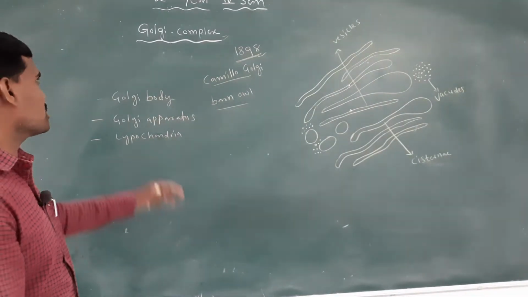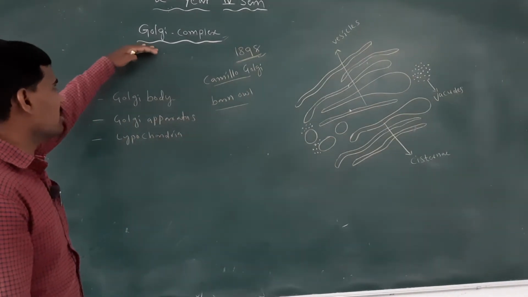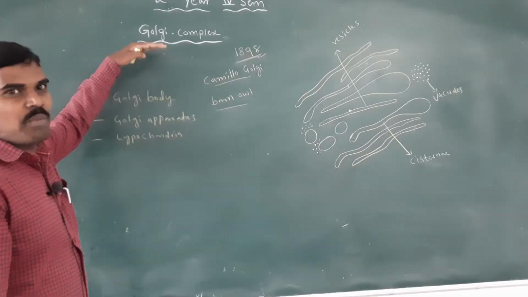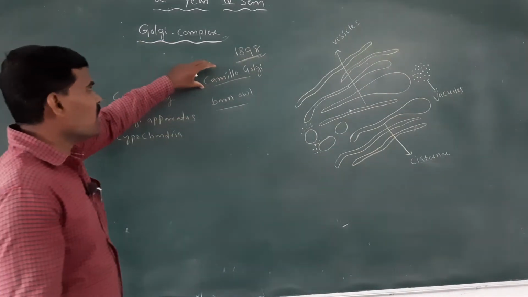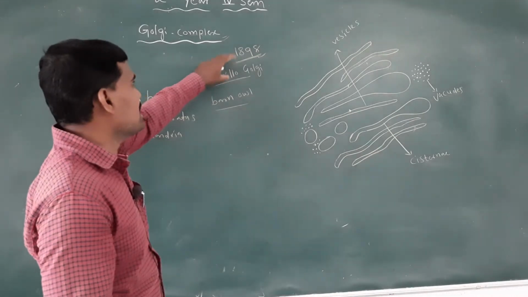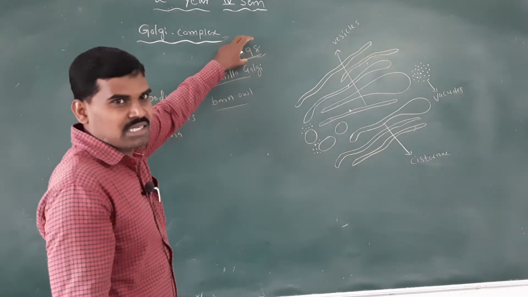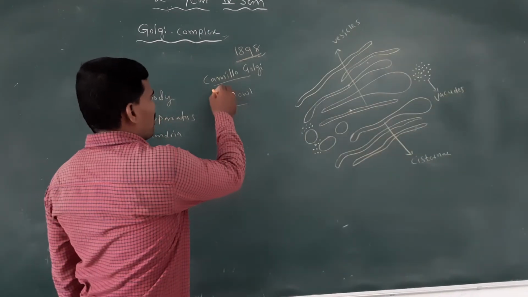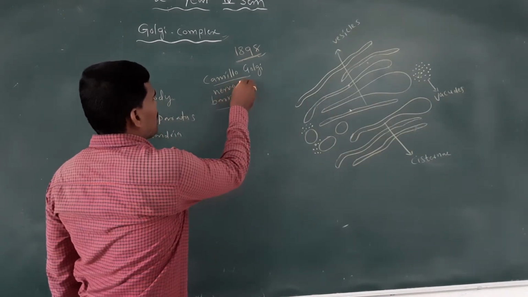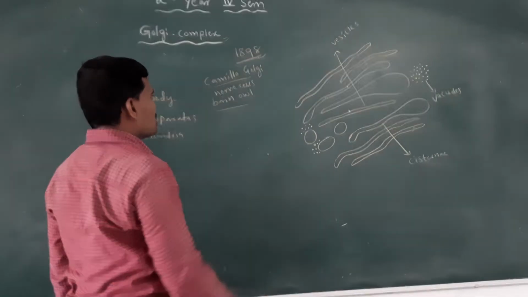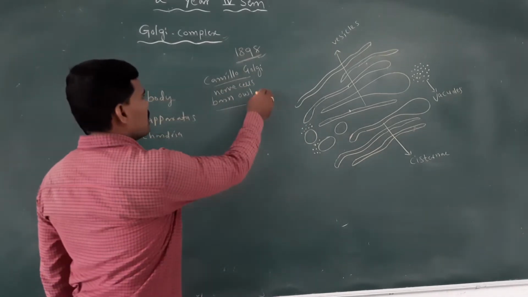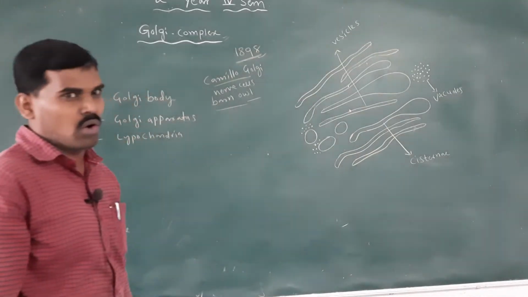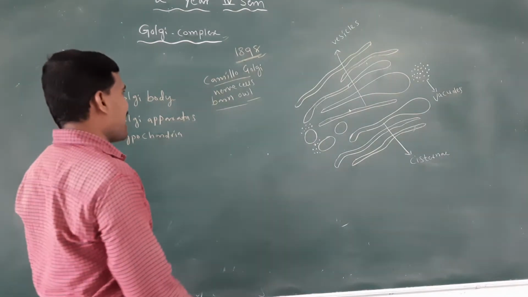Once again, listen here. The Golgi complex was first described by the scientist Camillo Golgi in 1898, in the nerve cells of barn owls or nerve cells of cats.